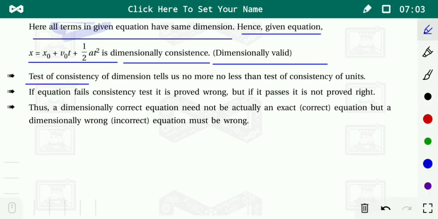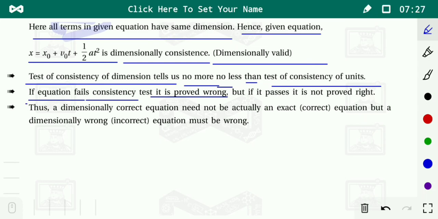The test of consistency of dimensions tells us no more, no less than the test of consistency of units. It just gives us the consistency of units. It doesn't tell more or less than that. If the equation fails the consistency test, then it is proved wrong.